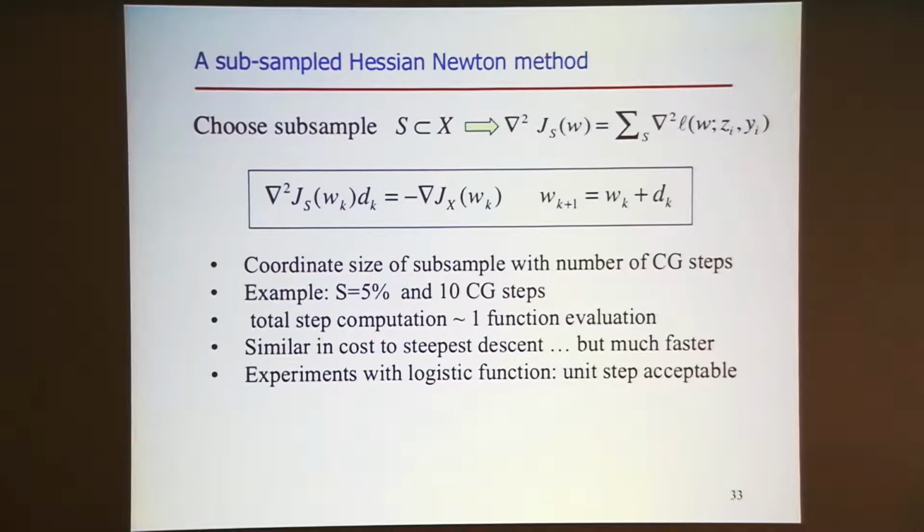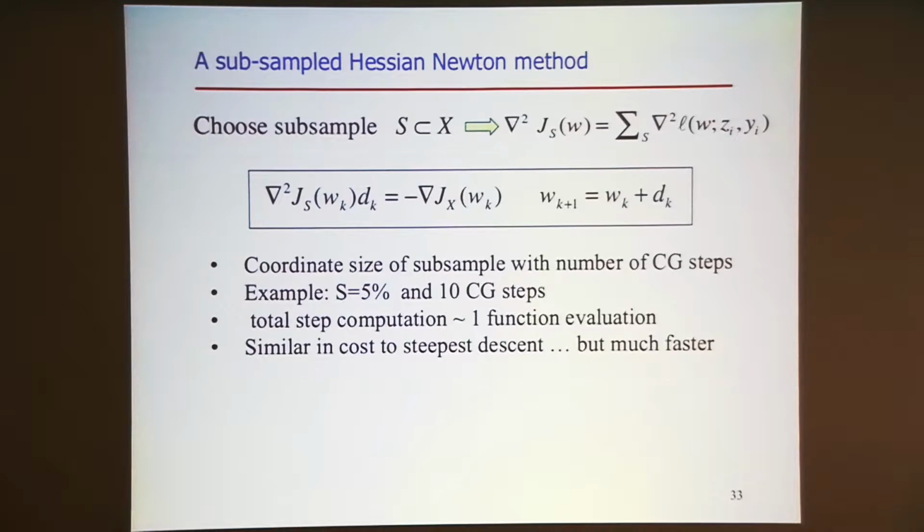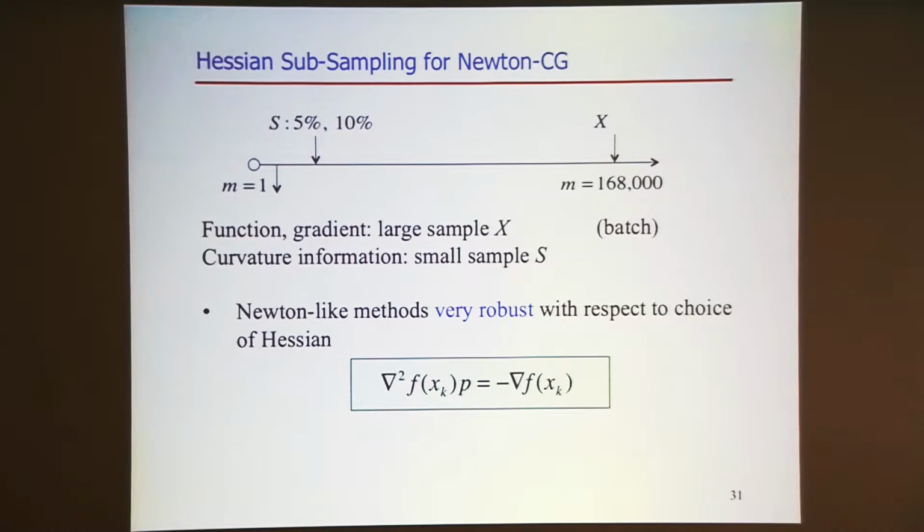And yes? You can imagine that X is the whole training set, or it's just a batch. We're going to do a mini batch. Suppose that X is 10%. Does the size of X have to be significantly larger than the size of S? Yes, because otherwise, as I'm going to show you in this graph, it's not going to be economical to do that.